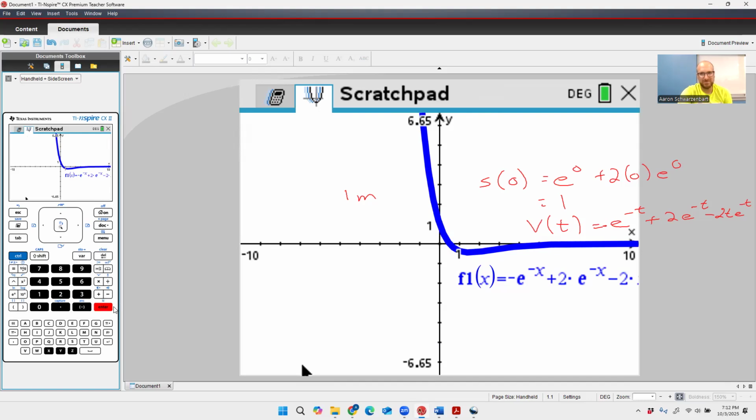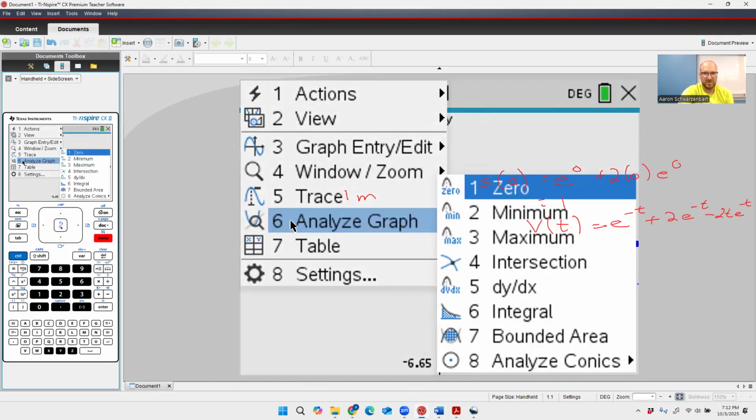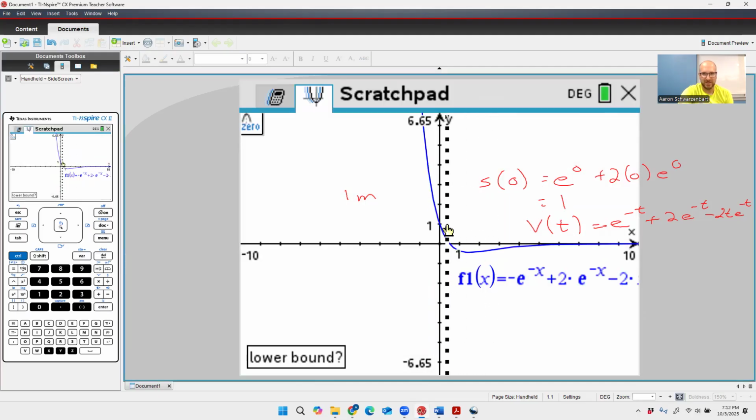So the first thing we're going to do is analyze graph, zero. We're going to get this zero: half a second.